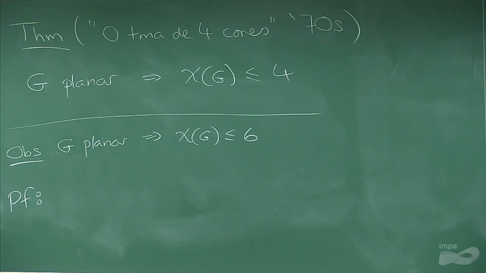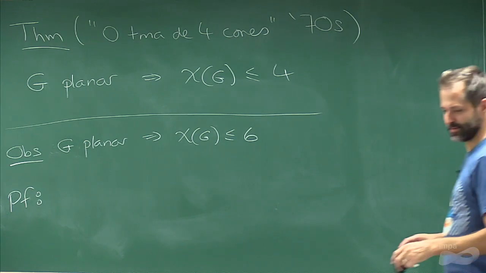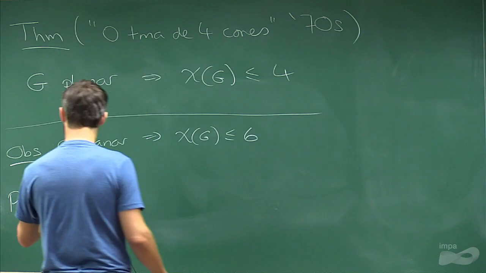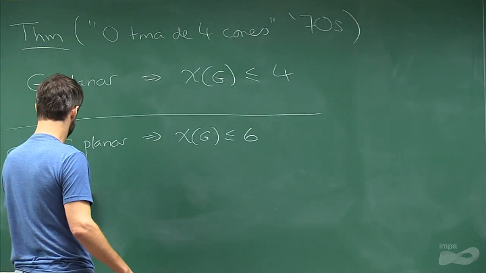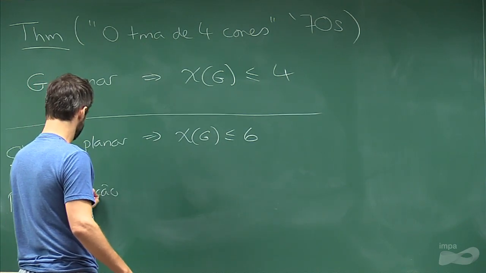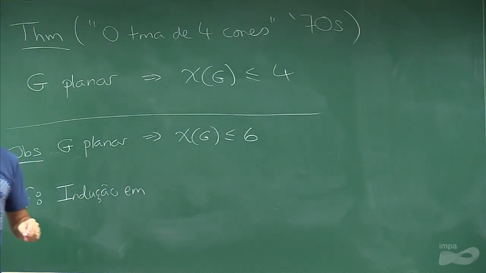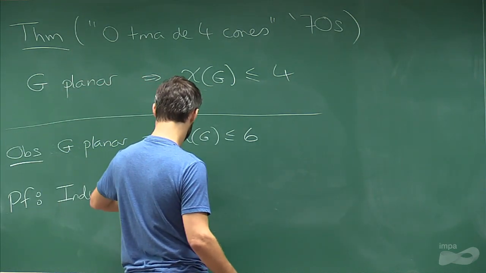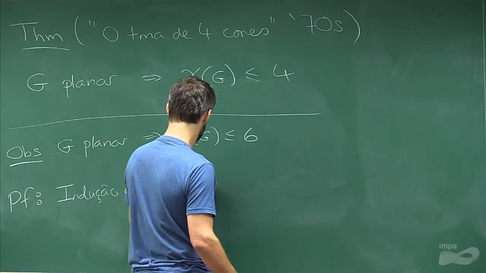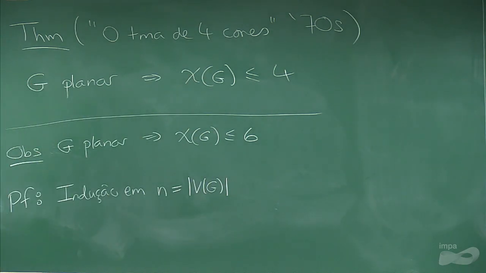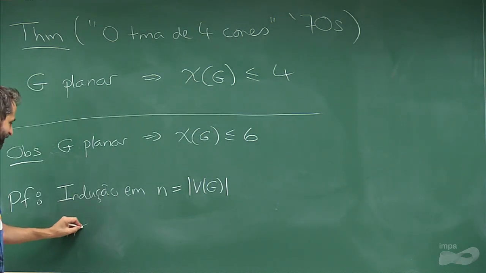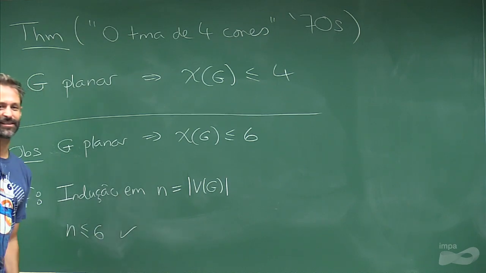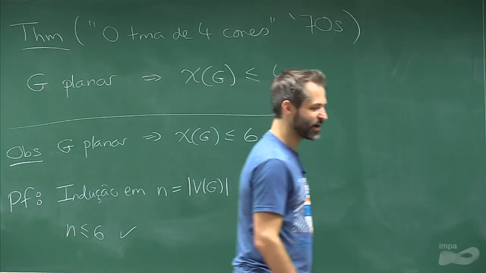Induction on the number of vertices of G. N at most 6 is okay. So how does the induction step work?